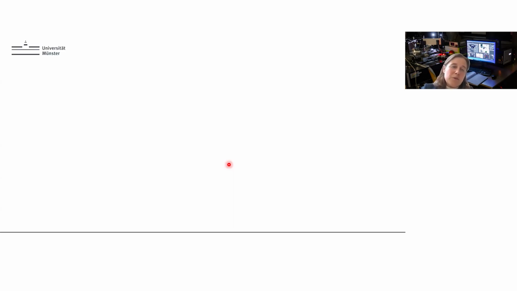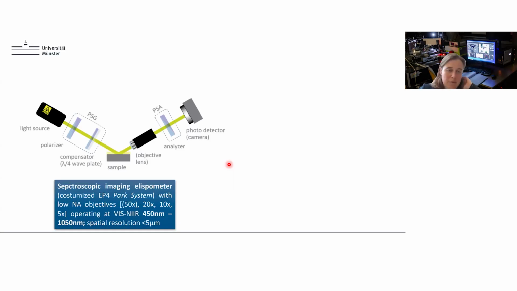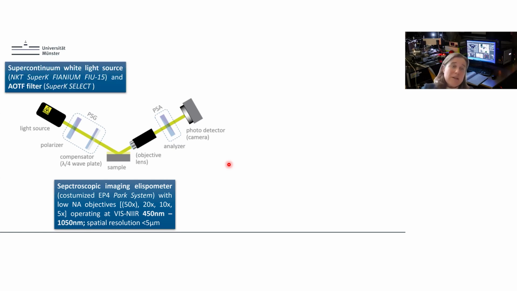The setup we're using is the EP4 from Park Systems in a customized fashion. We use 50, 20, 10, and 5 times objectives, and we have a spectral range from 450 to 1050 nanometers. We use a supercontinuum white light source for the illumination together with an AOTF filter system.